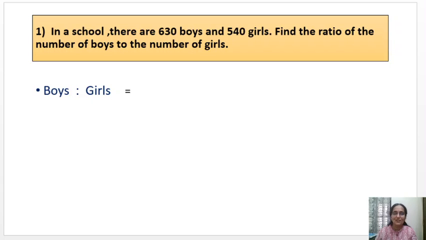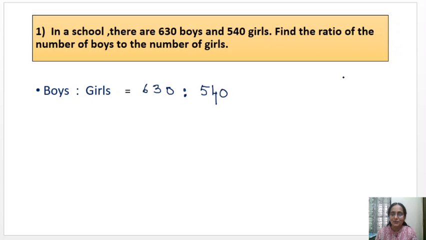Now we will solve the questions. Read out the question first. In a school, there are 630 boys and 540 girls. Find the ratio of the number of boys to the number of girls. It's a very easy question. Boys is to girls. You have to write the number of boys first. 630 is to 540.